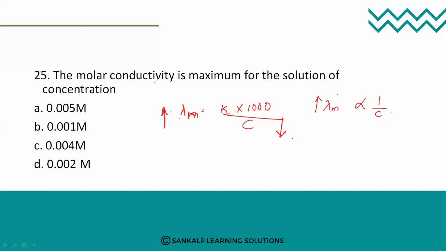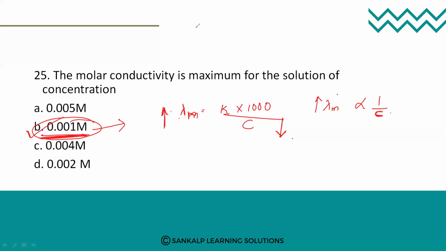So for the molar conductivity to be maximum, your concentration should be very low. Here the least is 0.001 molar. If the concentration is this, then molar conductivity will be highest. So option number B. Yes, Lubna is correct.